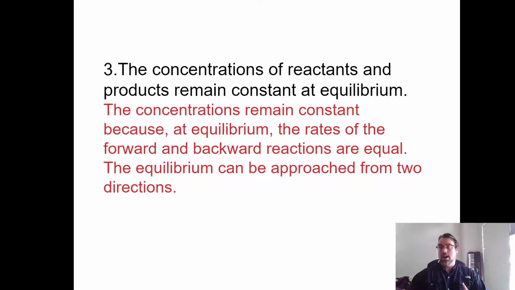The third characteristic is that the concentrations of reactants and products are going to remain constant. So once equilibrium has been reached, it's going to maintain a constant amount of both the reactants and the products.